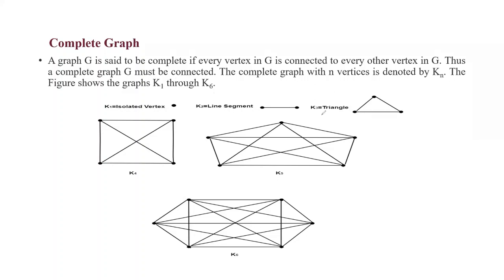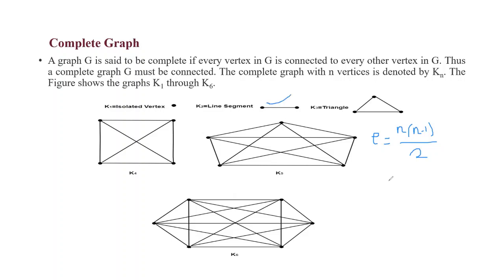Whenever there is a complete graph, the number of edges is n into n minus 1 divided by 2. So the number of edges in a complete graph is equal to n(n-1)/2. See here, suppose this is your complete graph.